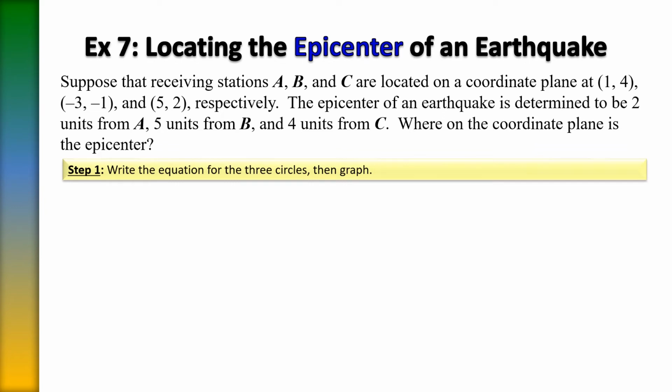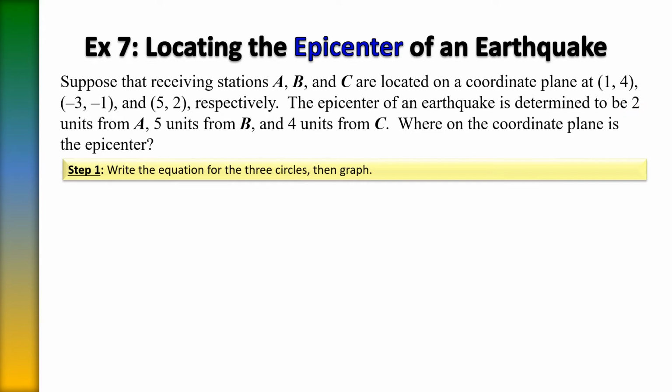So let's go ahead and write our 3 circles. We were given the information of each center and radius. For the first, station A is located at (1, 4), and the epicenter is 2 units from A, so you have a center of (1, 4) and a radius of 2.